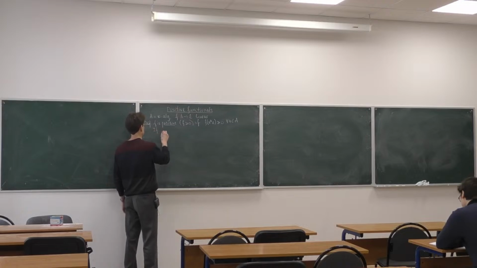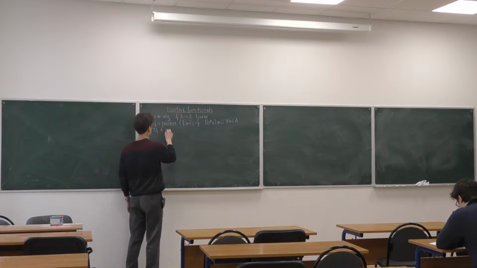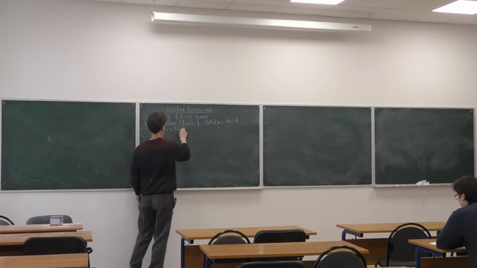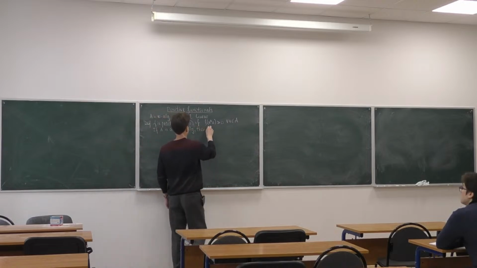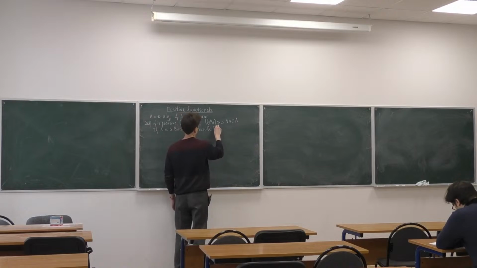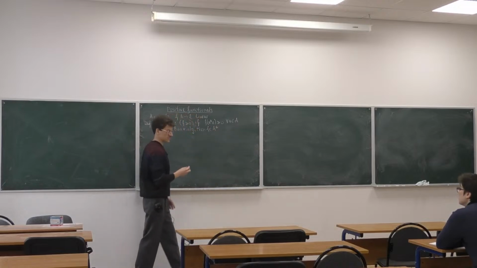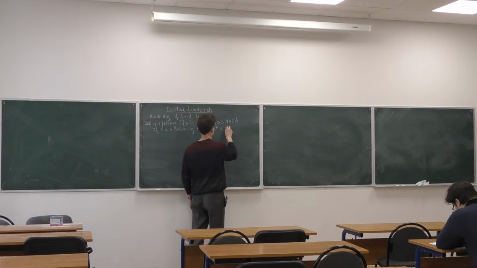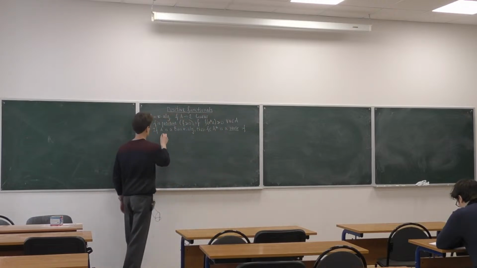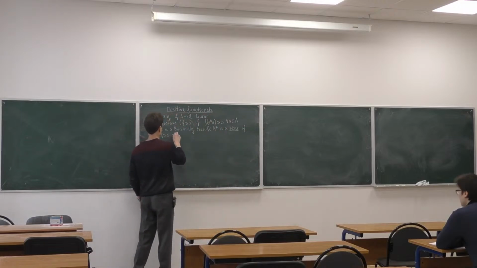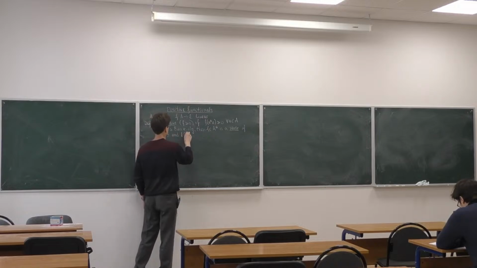Moreover, if we assume that A is a Banach star algebra, and if we assume that f is bounded, then we say that f is a state on A if it is positive and if the norm of f is 1.